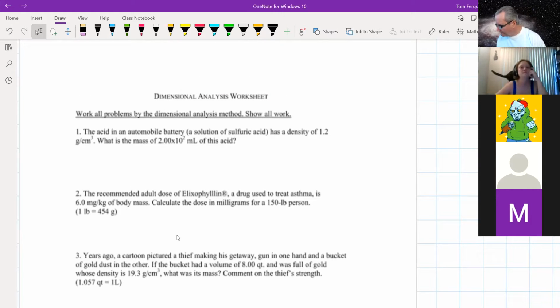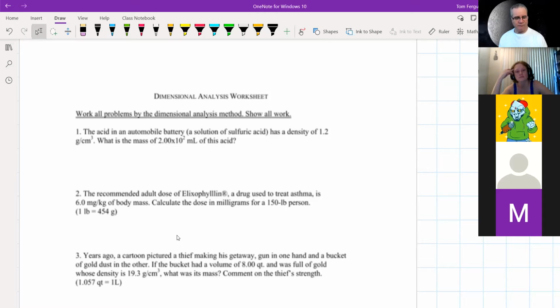Okay. The sulfuric acid that's in a car battery has a specific density. In fact, in the old days, when we had older batteries, you always had to check the water level in a battery to make sure it doesn't dry out. One of the ways to check to see if it needs new acid, we use something called a hydrometer, which checked the density.